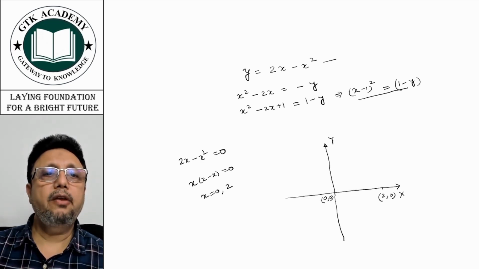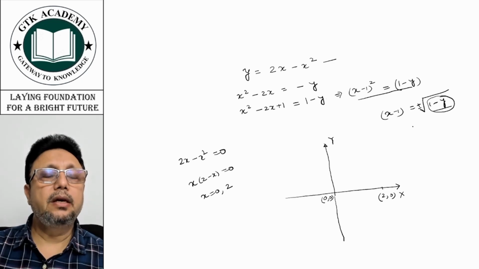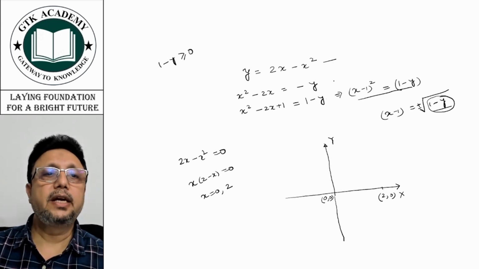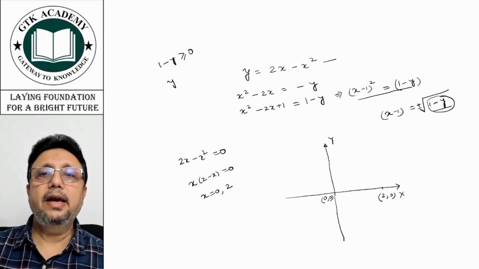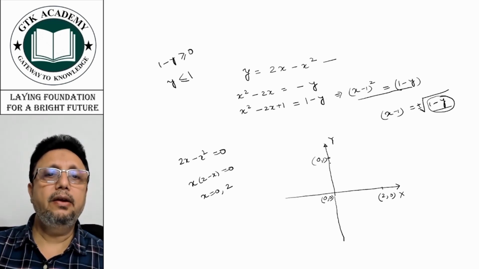The other thing from here, if you see, x minus 1 is equal to plus or minus under root of 1 minus y. That means for this term to be real, 1 minus y has to be positive, because negative will make it imaginary, so y has to be less than or equal to 1. So if this is your (1, 0, 1), your curve's y value has to be below this.